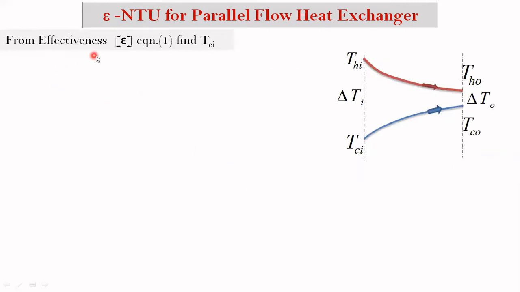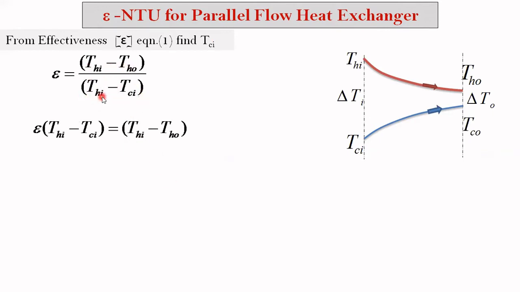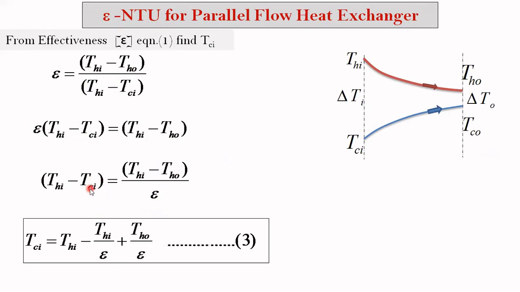So let's take the effectiveness equation, equation number 1: effectiveness equals THI minus THO upon THI minus TCI. We can multiply this term with the effectiveness, so effectiveness times (THI minus TCI) equals THI minus THO, and so THI minus TCI equals (THI minus THO) upon effectiveness. Now we can find TCI.